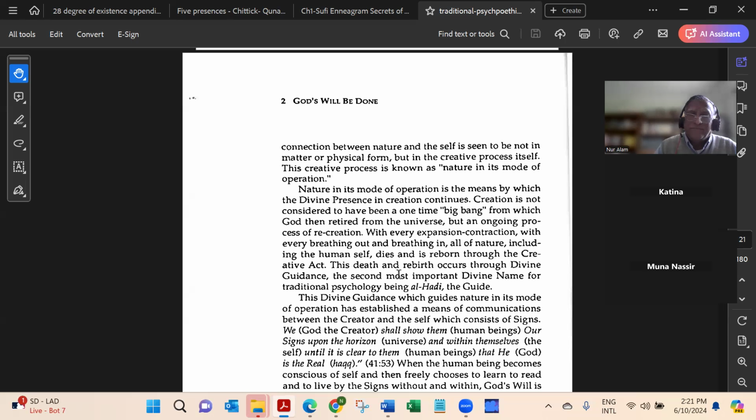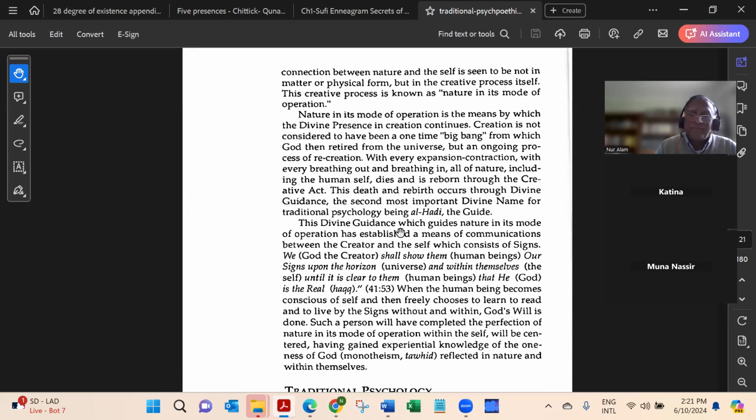This death and rebirth occurs through divine guidance, the second most important divine name for traditional psychology being Al Hadi, the guide. This divine guidance, which guides nature in its mode of operation, has established a means of communications between the creator and the self, which consists of signs. We, God the creator, shall show them, human beings, our signs upon the horizon, universe, and within themselves, the self, until it is clear to them, human beings, that He, God, is the real Hak.